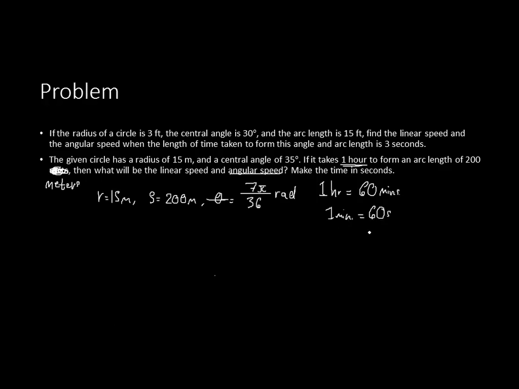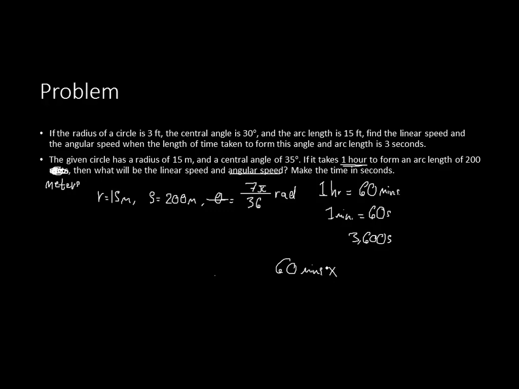So if I have 60 minutes, I will have 3,600 seconds. I basically converted 60 minutes, where 1 minute is equivalent to 60 seconds.